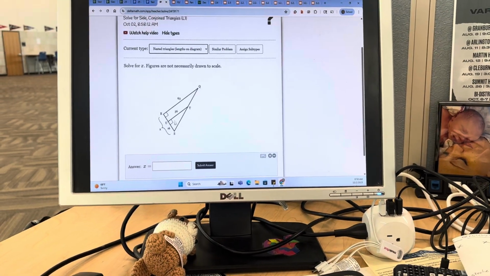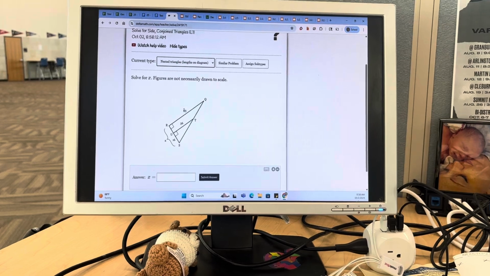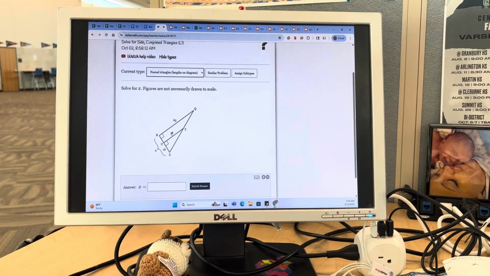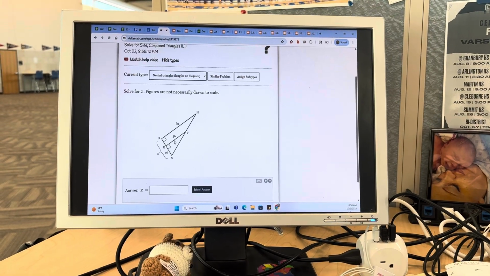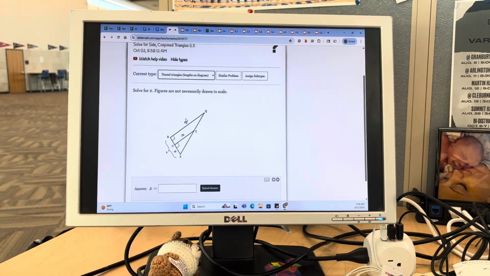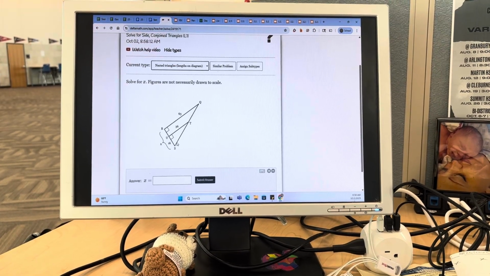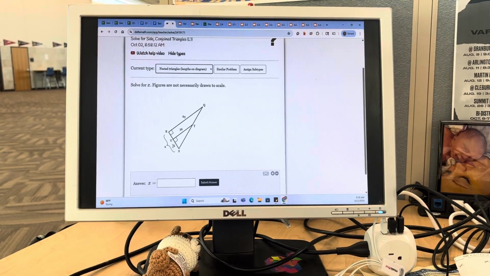So this is going to be 36 is to 63 as 16 is to X. Yeah, 36 and 63 are both divisible by 9. So that's going to be 4 over 7. This 4 times 4 makes 16.